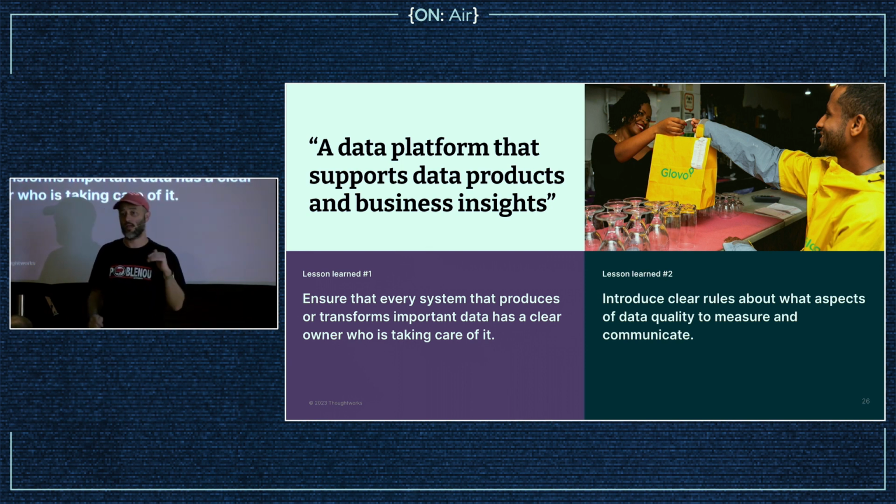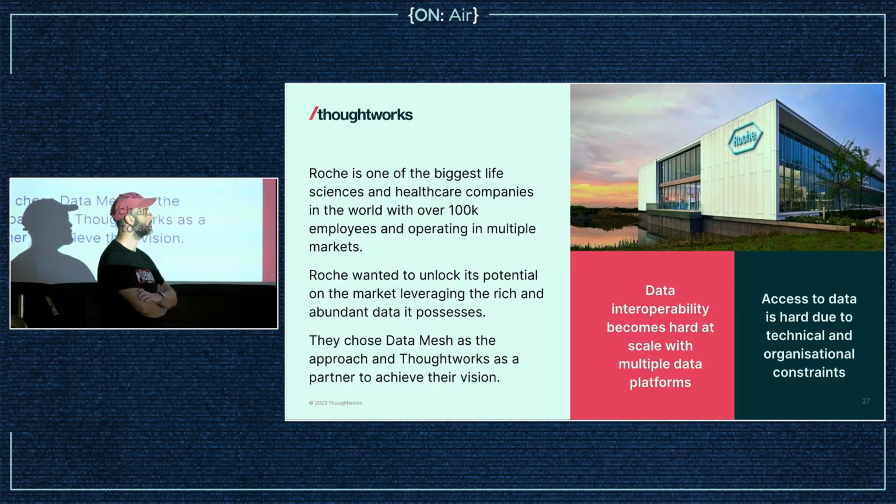So we didn't want to say, here's this fixed box of exactly what quality data means for every source, because different use cases, different sources, etc. But we did need to agree on a common language of what were the dimensions of data quality we were measuring and how we were going to communicate them. Otherwise, the people who were consuming the data couldn't make intelligent decisions about what they can and should use that data for.